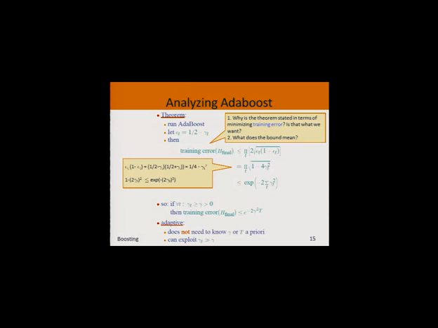So basically, this is 1 minus 2 gamma all squared. So I can replace this by e to the minus 2 gamma squared. And then I'm doing product over all t's, which is going to change to e to the minus this. So basically, these two show that it's just simple algebra here.